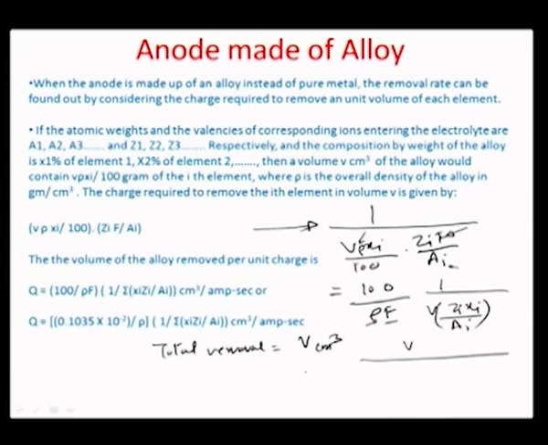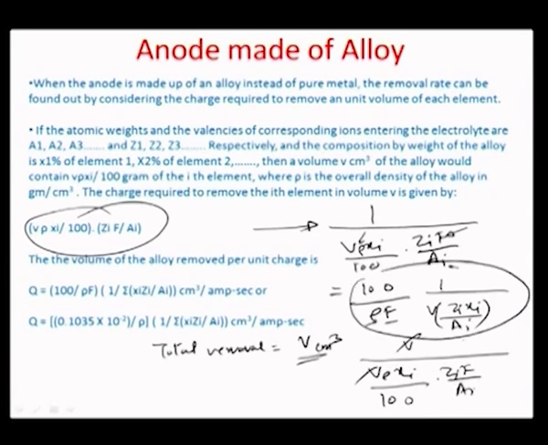The total volume V centimeter cube would be V divided by V rho xi by 100 times Zi F Ai. So, this V is eliminated because it is per unit volume, and the total amount of charge so needed per unit volume is 100 by rho F times sigma xi Zi divided by Ai.